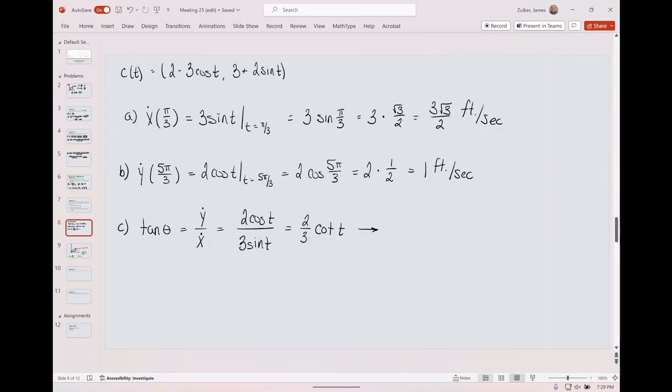Uh-oh. Oh dear. It's secant squared. I wanted to see secant something.